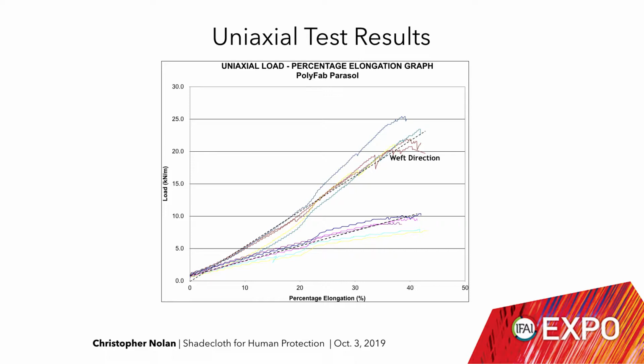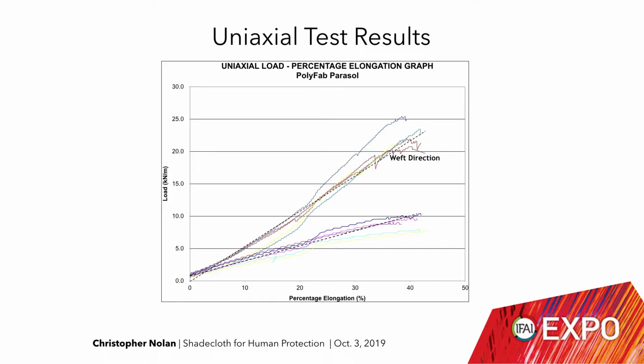You can see that it's stronger in the weft direction, much stronger, twice as strong in the weft direction than it is in the warp direction. You can also see that depending on the nature of the test, there is a 20% difference between the best result and the worst result. So again, you're getting this averaging situation, and the line in this case is approximately linear.